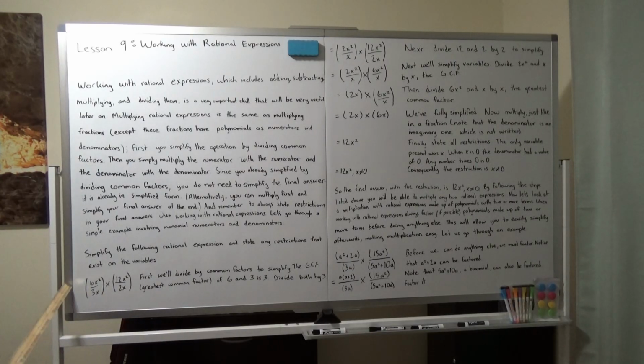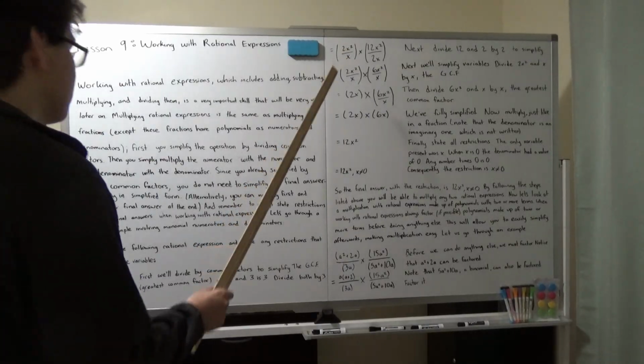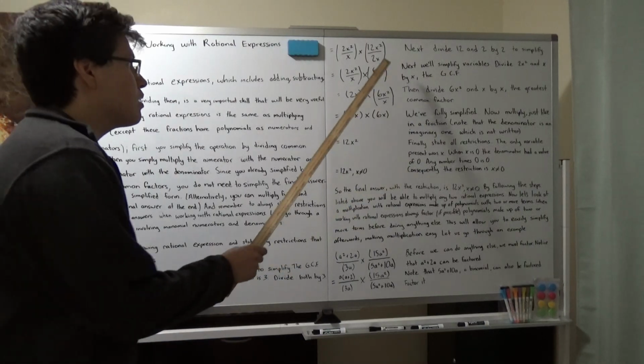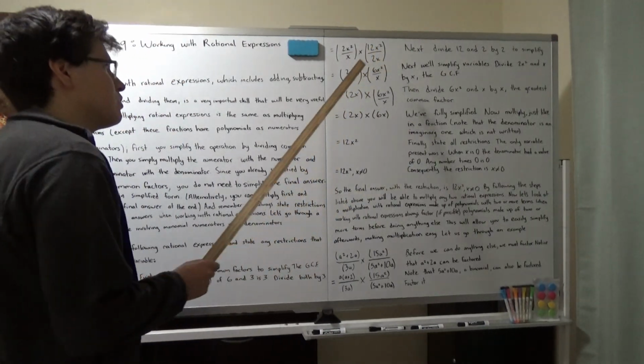So we divide both by 3. 6x squared divided by 3 is 2x squared, and 3x divided by 3 is x. So we get 2x squared over x. And then we just bring over 12x squared divided by 2x.